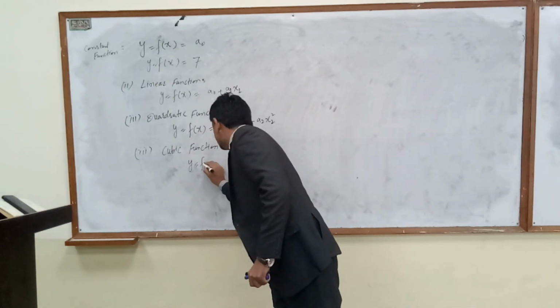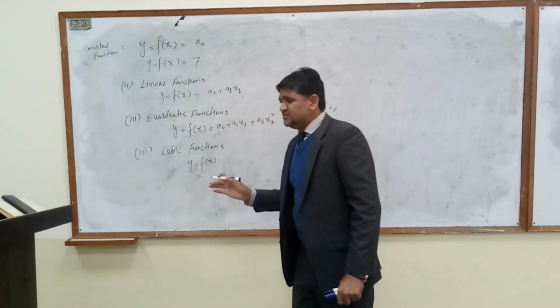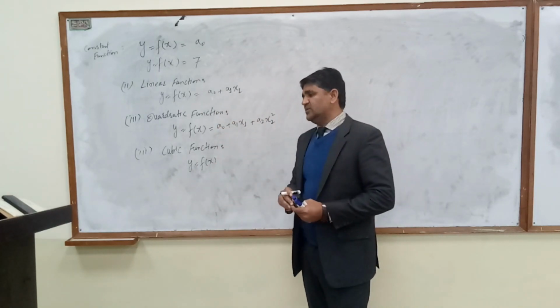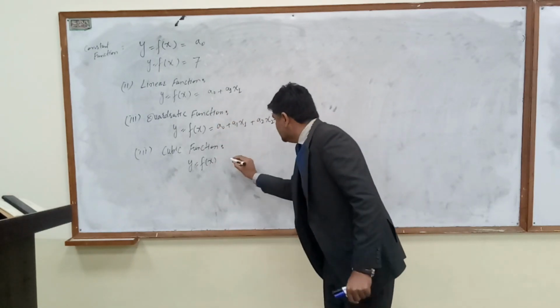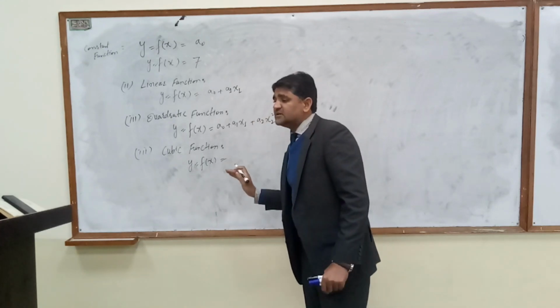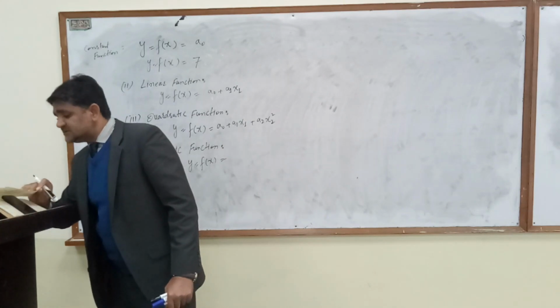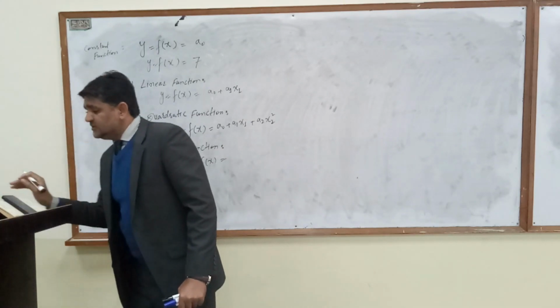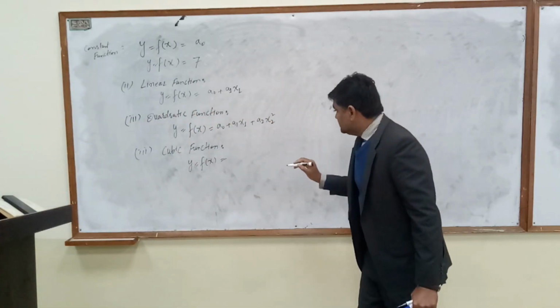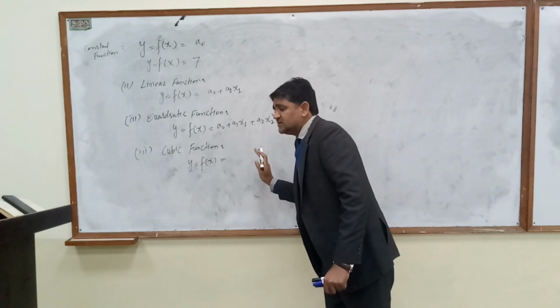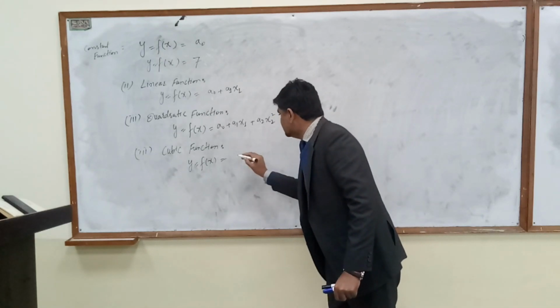Y is equal to f of x, and you can go for detail in your book, which is mentioned starting from, I think, page number 152 to 156, 157. You can explore about this function in detail.